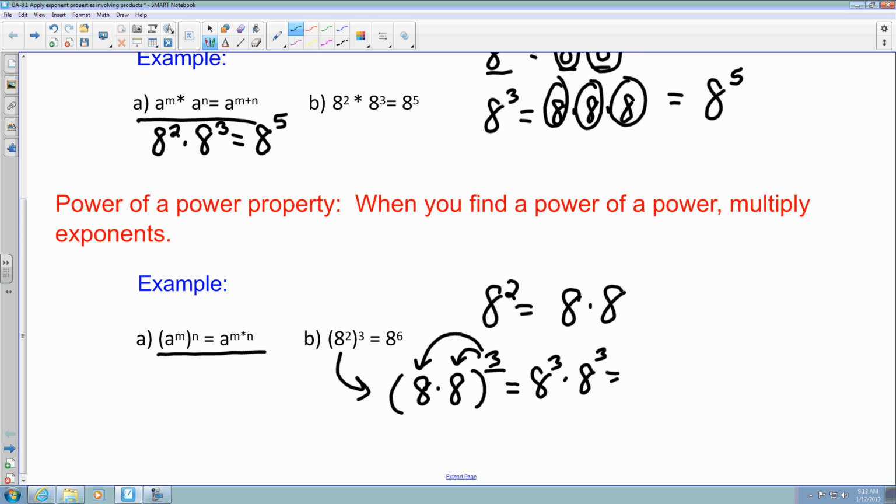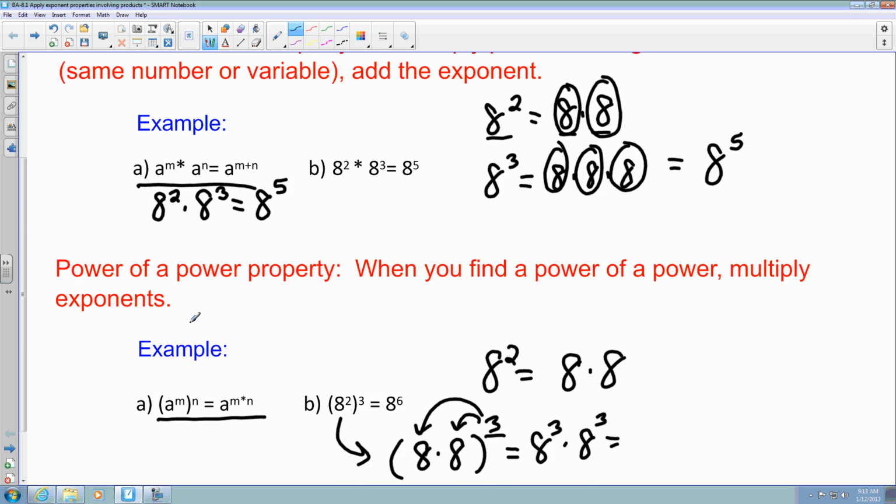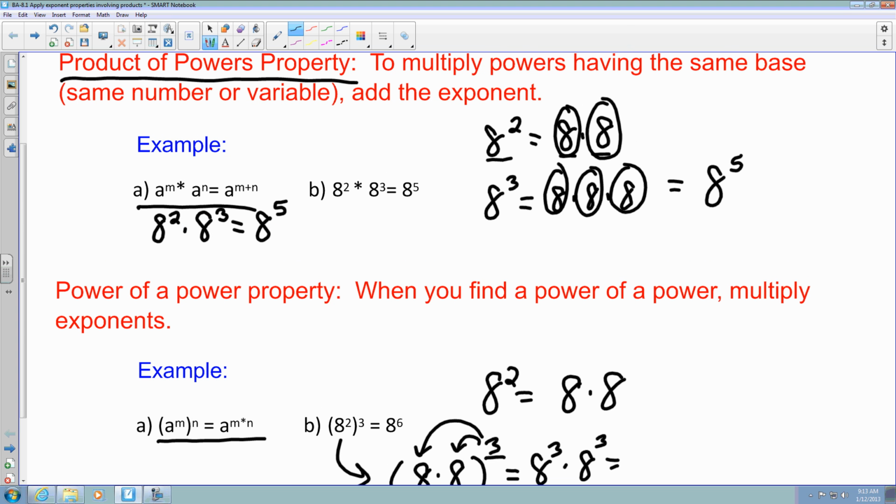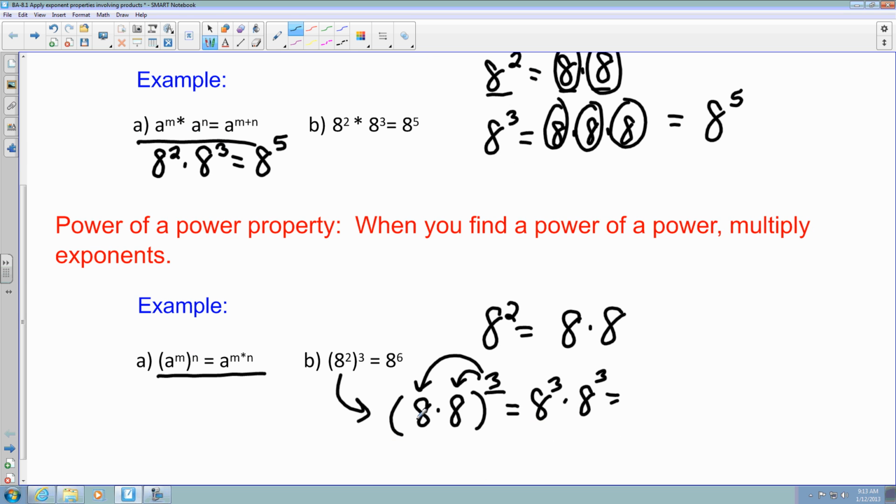Then if we incorporate our product of powers property, we remember that we add the exponents. So it is a to the 6th. That's how we can conclude that the power of a power property works by multiplying the exponents. So you have a to the 2 times 3, which equals a to the 6th.